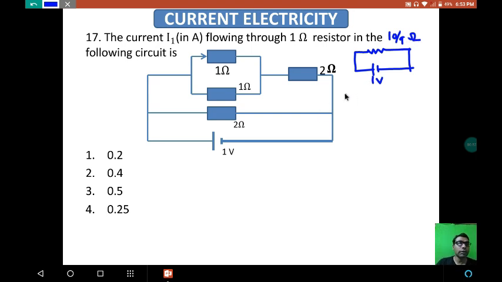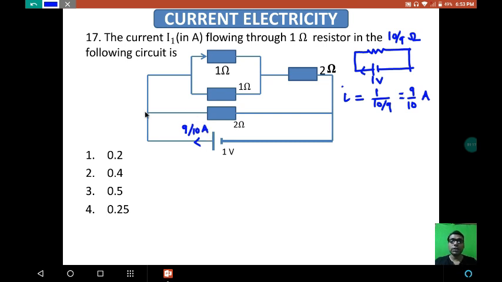So the current flowing from the battery is I equals V by R, where V is 1 and R is 10 by 9. So we get 9 by 10 amperes from the circuit.